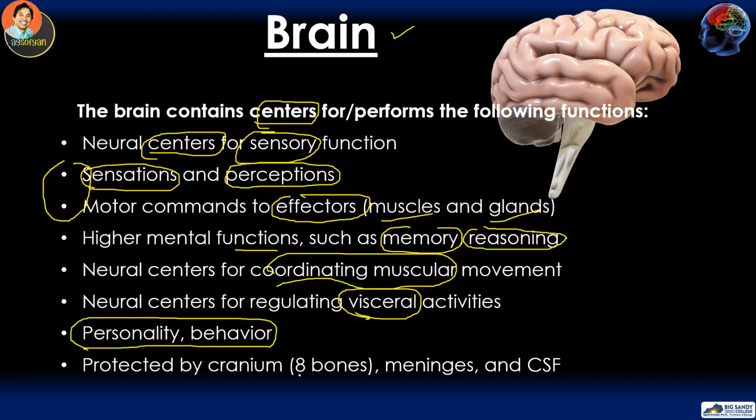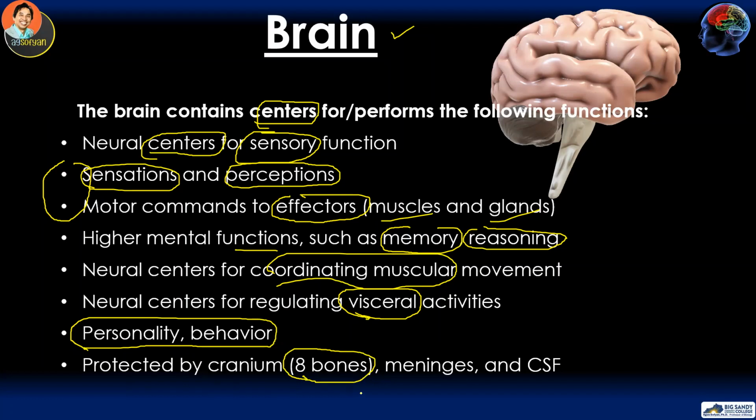Because it's a very important organ, it is protected by bones. There are 8 bones that actually protect the brain. These are the 8 cranial bones: frontal, 2 parietal, 2 temporal, 1 occipital, sphenoid, and ethmoid bones.